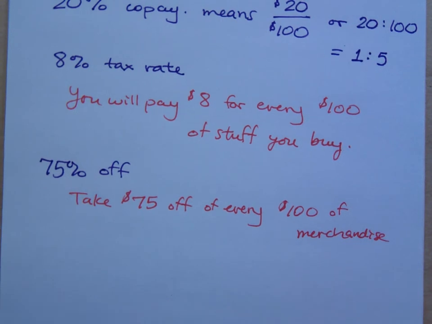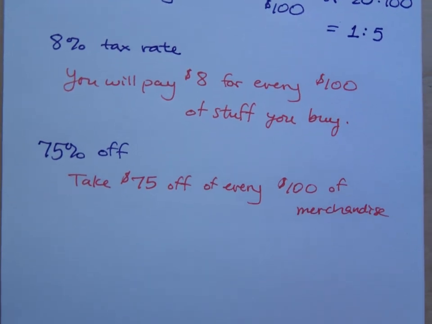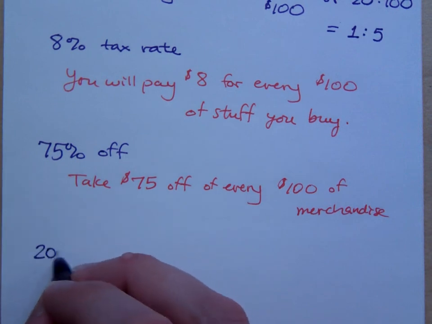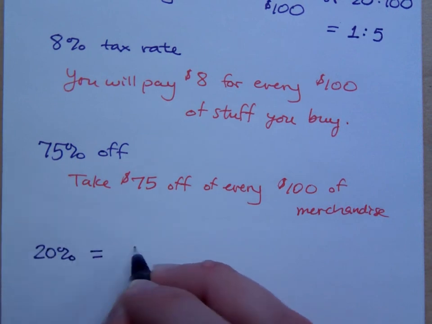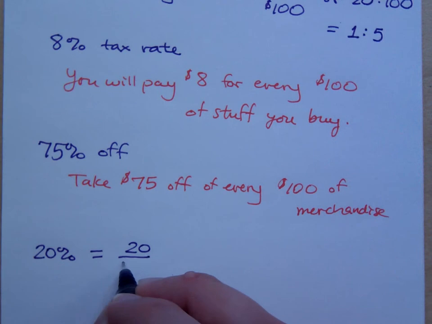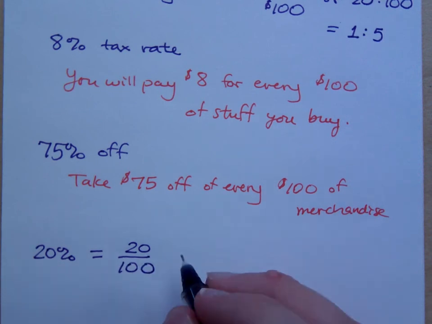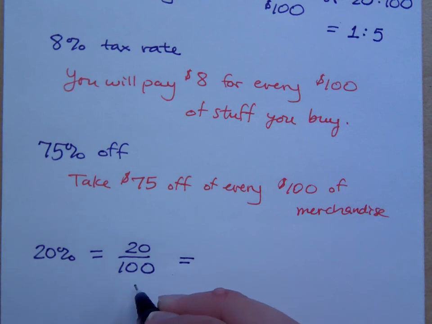So how do I convert this percent to something that I'm more familiar with? Well, let's go back to the 20% that we had. We said that the 20% really means 20 out of 100, right? How do you read this fraction without saying 20 over 100?